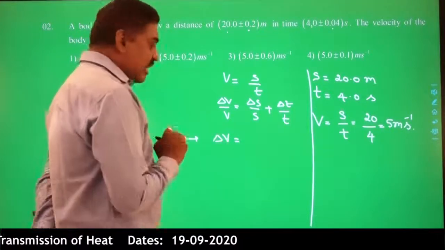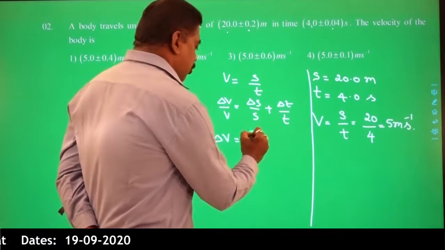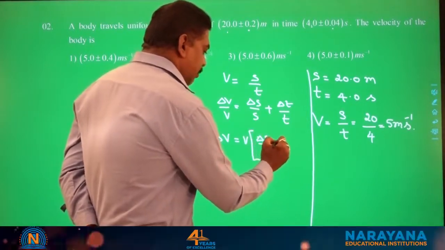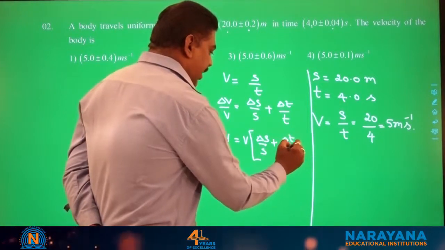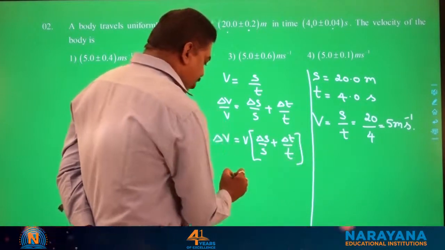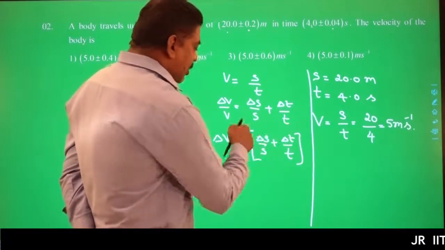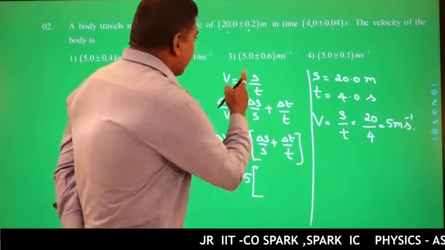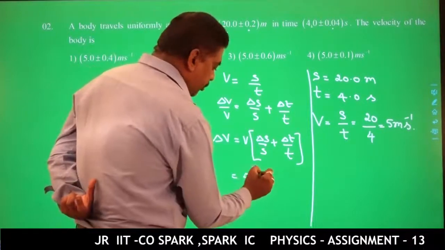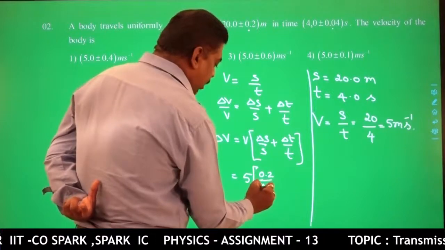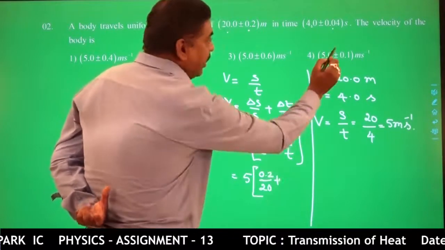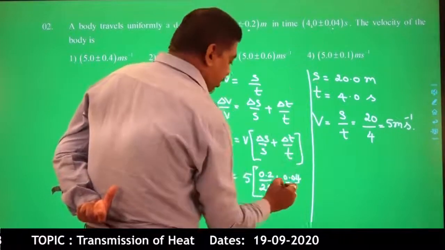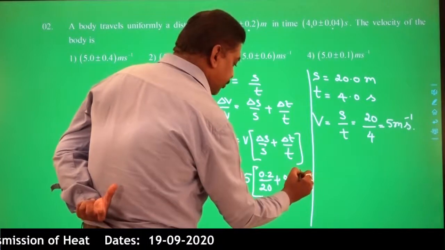Delta v equals v into delta S by S plus delta t by t. Substitute the values: 5 is the v value, 5 into delta S given as 0.2 by 20 plus delta t given as 0.04 by time given as 4.0.